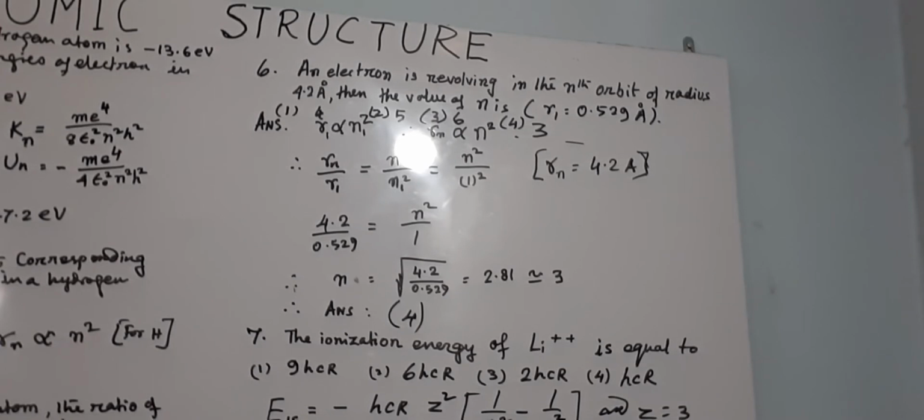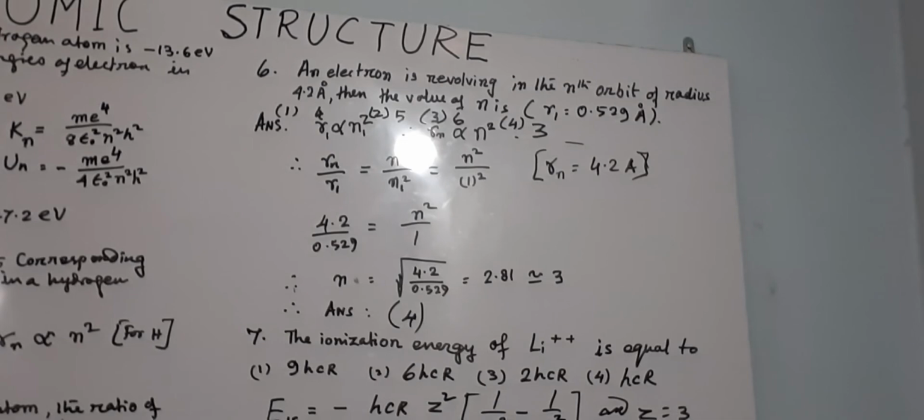Using these two, Rn divided by R1 equals n square by 1 square, and Rn is provided, that is 4.2 angstrom, and R1 is 0.529, equal to n square by 1. From here n will be 2.81, which is close to 3. So our choice will be choice number 4.